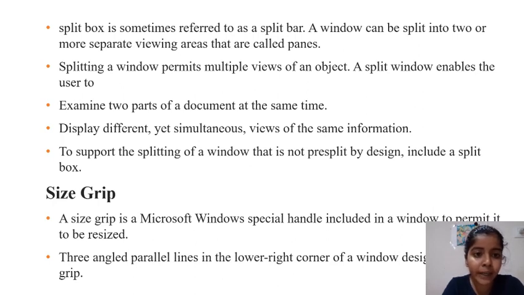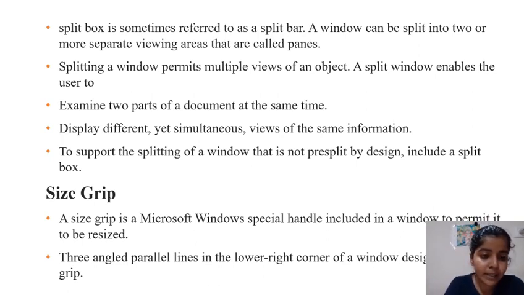So splitting the window permits multiple views of the project, and the multiple windows enable the user to examine two parts of a document at the same time. This displays the different yet simultaneous views of the same information. And to support the splitting of the windows that are not pre-split, design and include the split box.